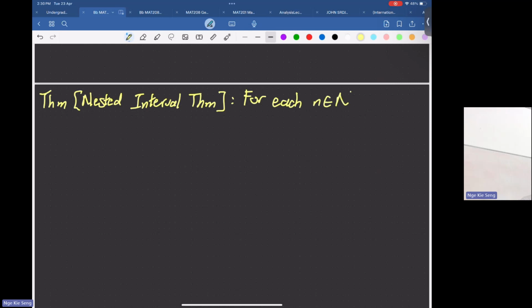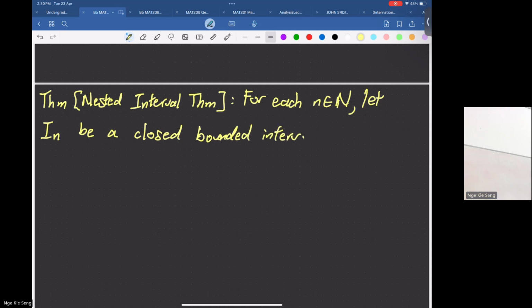For every n in natural number, we will consider a closed interval. Let In be a closed and bounded interval, say from An to Bn.